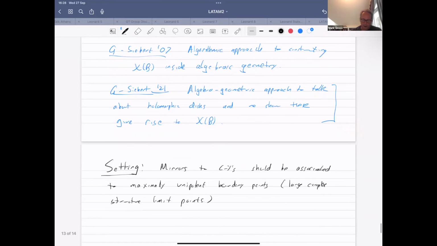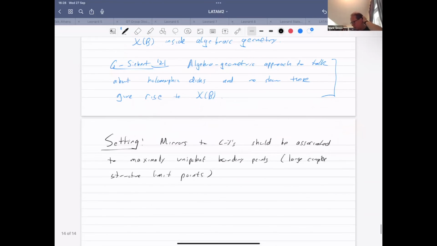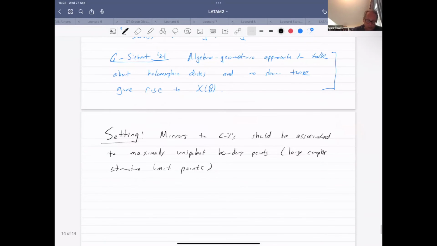Okay, so rather than defining this in general, let me focus on a simpler situation. In other words, we should consider degenerations.